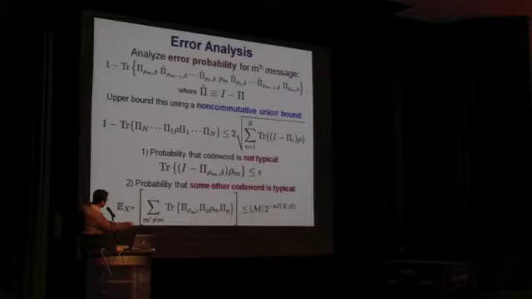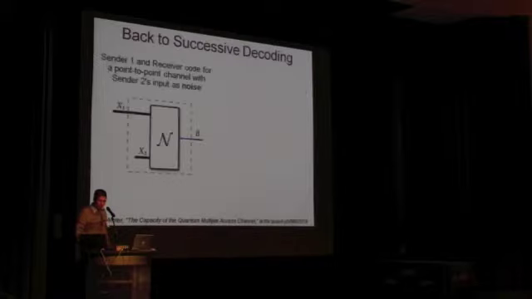Using those 2 things, you can upper bound this type of error by this term. And so this is an exponentially decreasing term in the rate, in the mutual information, times the size of the message set. So if the rate of the message set is just below this rate here, then you can make this exponentially decrease in the limit of many channel uses. Okay, so that's the sequential decoding idea.